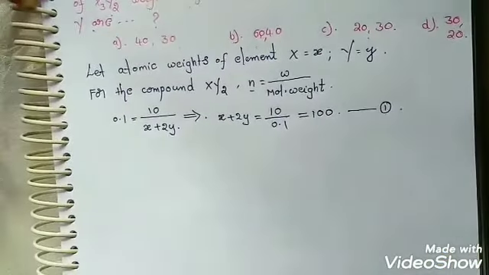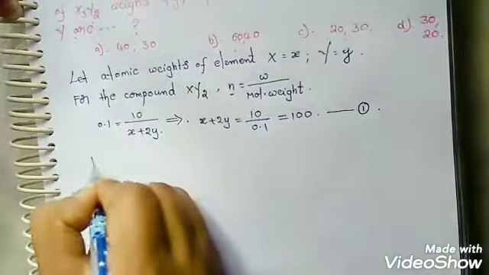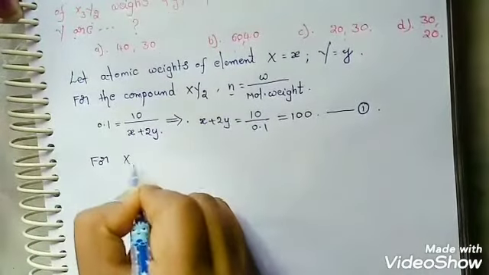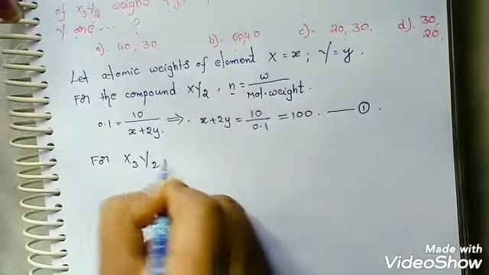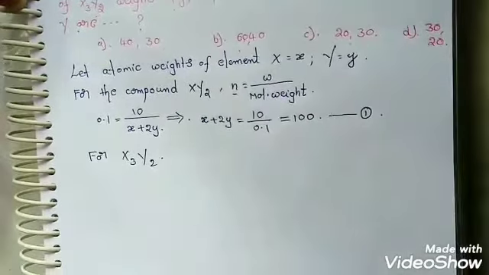Then if you take the second compound, X3Y2, for this also you have to find out the number of moles by using the formula weight by molecular weight. That is simply just like that. 0.05 is equal to 9 by 3x plus 2y.